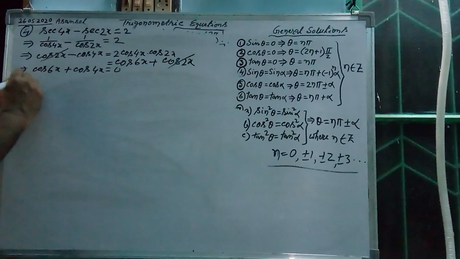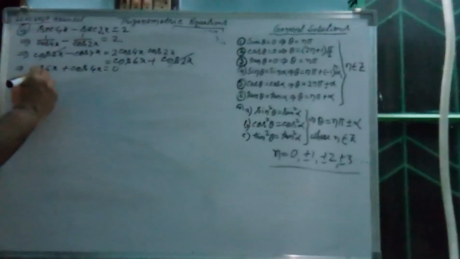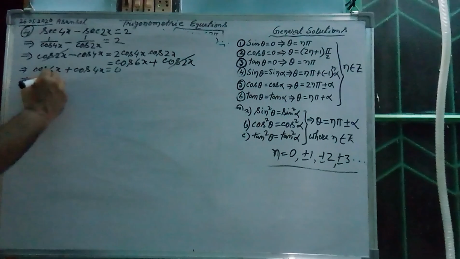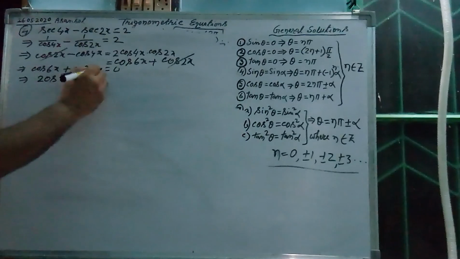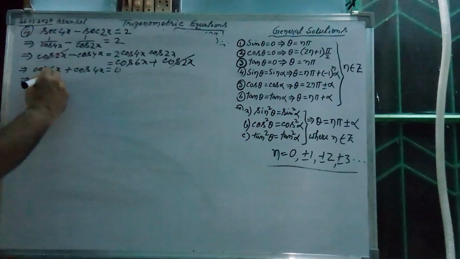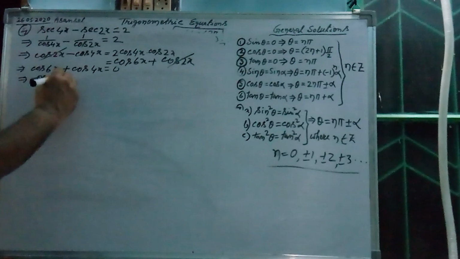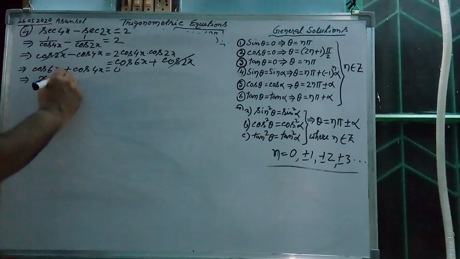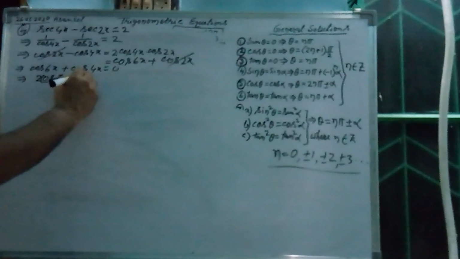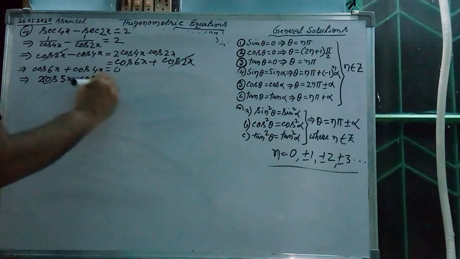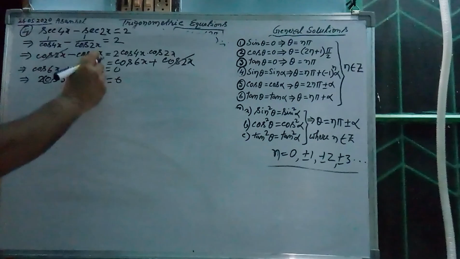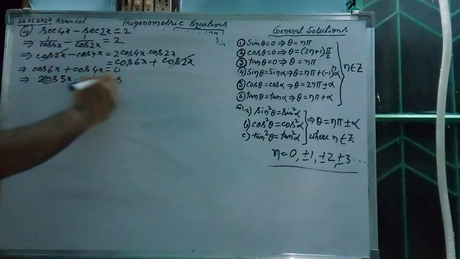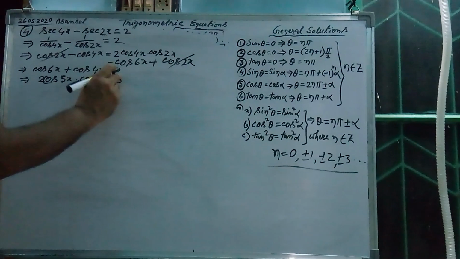So this implies cos C plus cos D form. We can write it as 2 cos of C plus D by 2, 6x plus 4x, 10x by 2, that is 2 cos 5x, into cos of C minus D by 2, 6x minus 4x by 2, 2x by 2, that is cos x, is equal to 0.